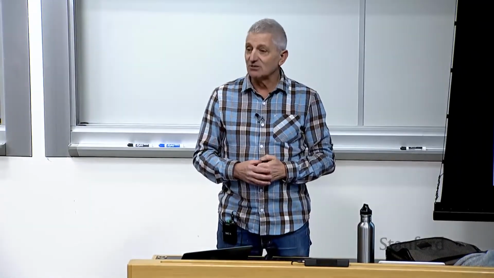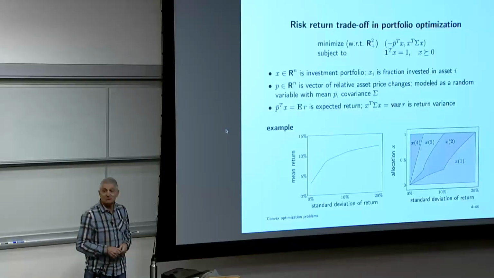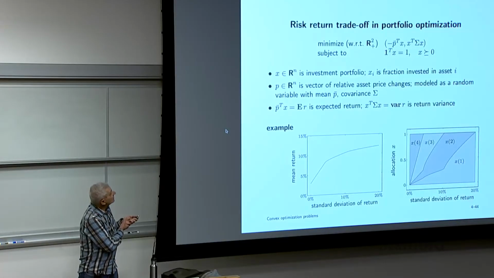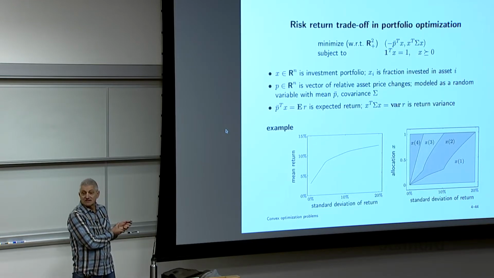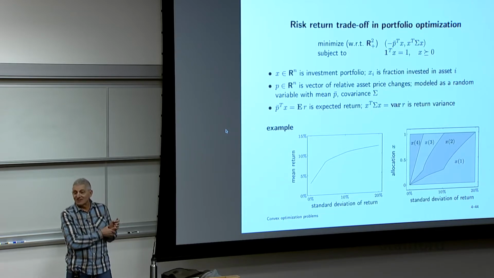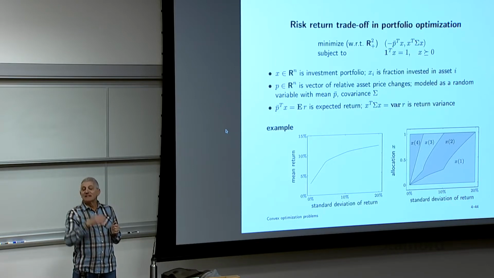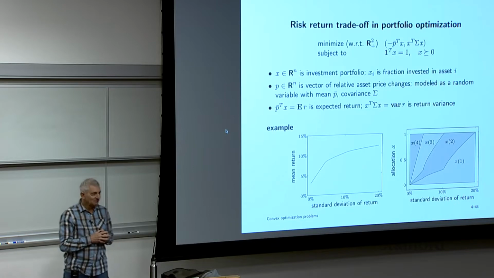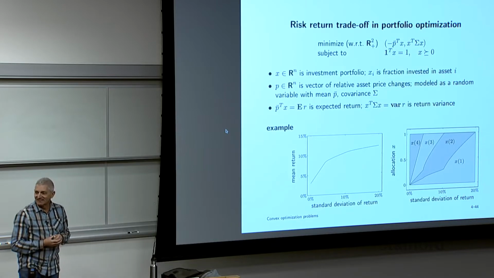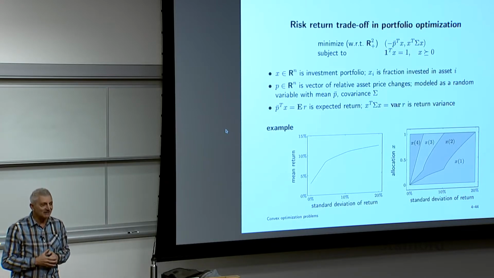This is absolutely convex, because the rule in multicriterion is that if I'm minimizing, each objective has to be convex. The risk is a convex quadratic, and the negative return is affine, so it's convex. Do check, though. I just write these things down without saying that, but that's what it is.